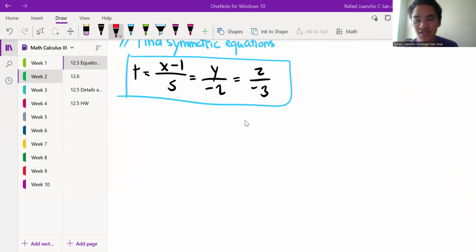So for instance, in that example 7 that we did earlier, the line L was given as the line of intersection between two planes. We also got symmetric equations, which is again a pair of linear equations.